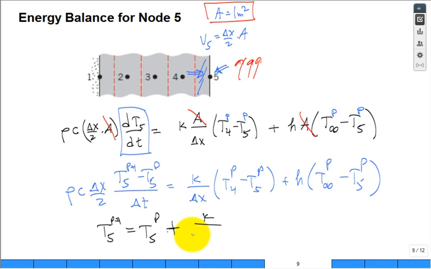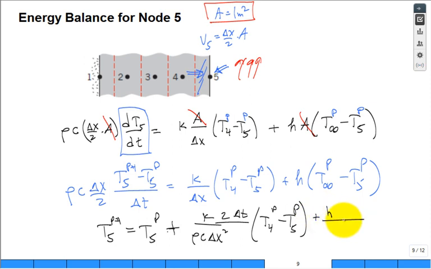K divided by rho C delta X squared over 2, times, I forgot that delta T. I always forget that delta T. Delta T. All right. Times T4 at P minus T5 at P plus H divided by, or times, 2 delta T divided by rho C delta X, times T infinity at P minus T5 at P.